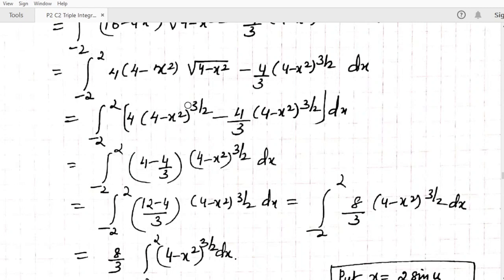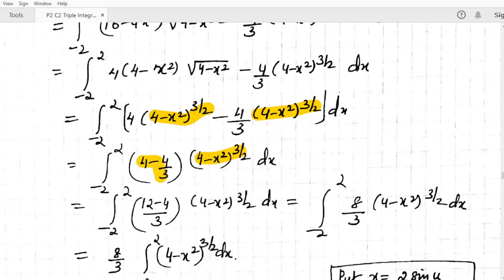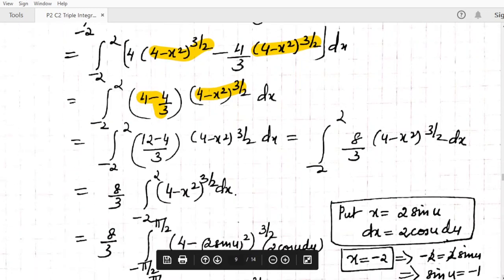So here we can see that (4 minus x square) to the power 3 by 2 is common. We can take this outside. So in the next step, the remaining is 4 minus 4 by 3. We will simplify this. After simplifying, we get 12 minus 4 by 3, which gives 8 by 3.